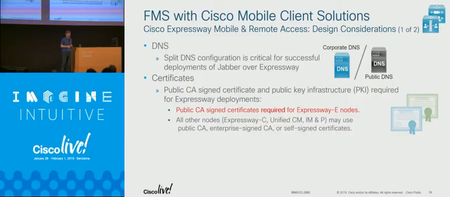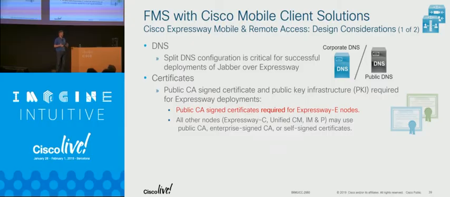The challenge though is if I have any desk phones that I want to connect over MRA. We have the ability with some of our desk phones, our 8800s, our 7800s, and our CE video endpoints to register over mobile and remote access just like Jabber and leverage these same capabilities. However, on a hardware phone, I have no ability to insert a certificate into that trust store.